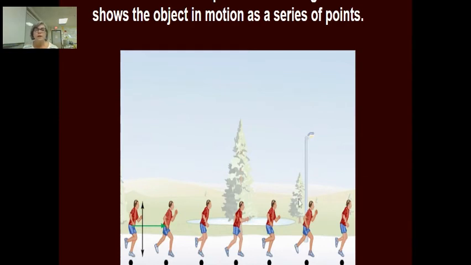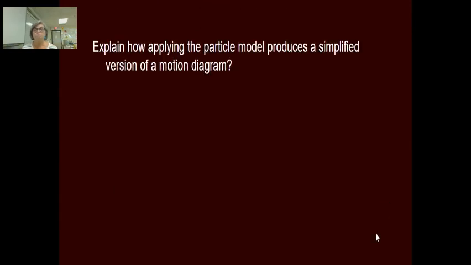And part of the purpose of drawing one of these particle models is to determine if the object is moving. So if we just had one dot and the lamppost was moving, we would be able to determine that the person was not moving. And it would probably be more beneficial for us to make the motion diagram from the light post.